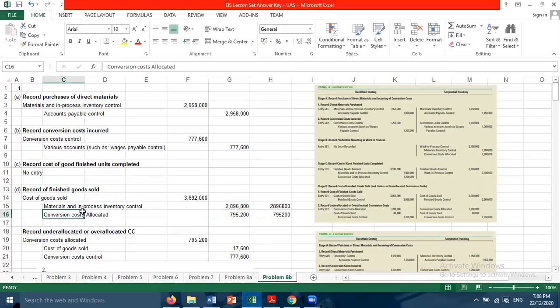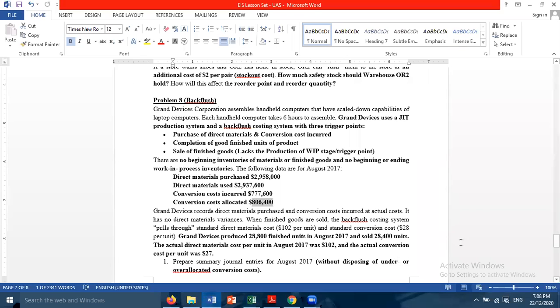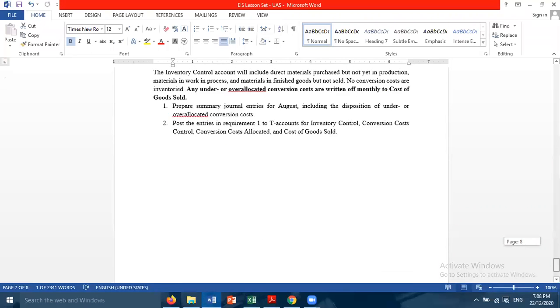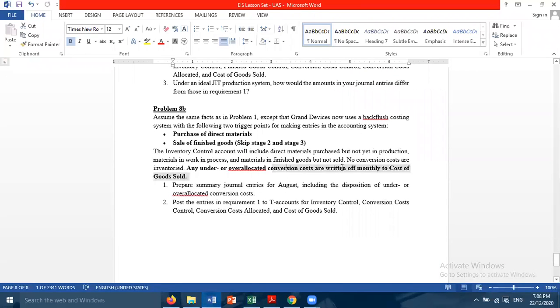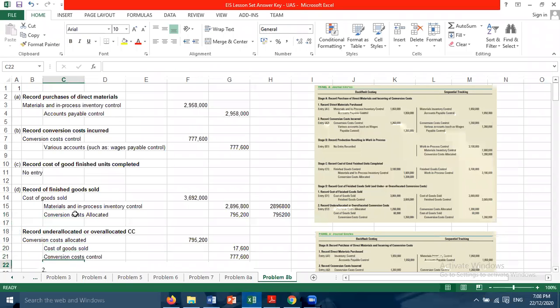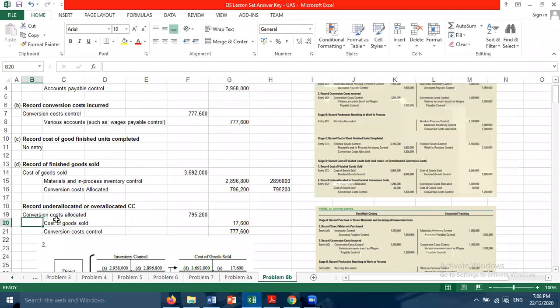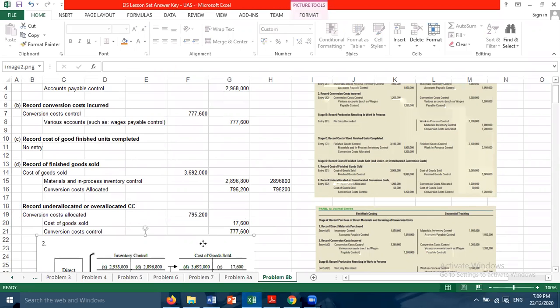And all we need to do is just credit this and debit cost of goods sold. Now here, unlike before, we are asked to dispose the under or over allocated conversion cost to cost of goods sold. Okay, so simply all we need to do is just make a journal for it. In this case, we can see that conversion cost allocated is higher than conversion cost control.